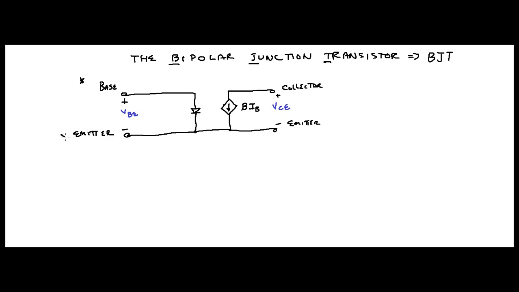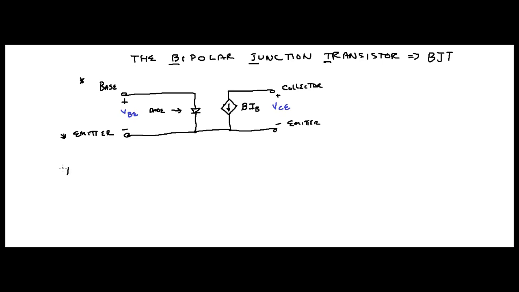Here's your emitter. Your VBE, your base to emitter voltage, is obviously across this diode. Remember, it's just a PN junction. So what we talked about, that's just a diode, right? Now you know what beta is, right?